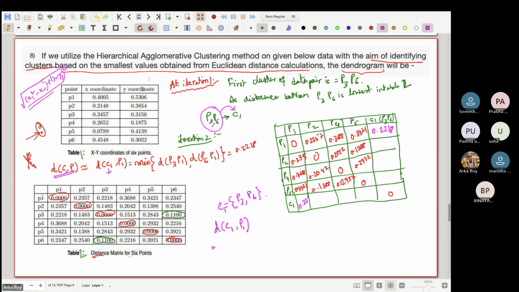So we calculate the distance between P1 and P3 as well as P6 and P1, and then I have to consider the minimum distance among these two. So it is the minimum of the distance P3 P1, P1 to P6.